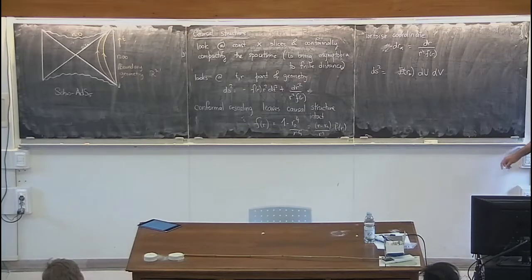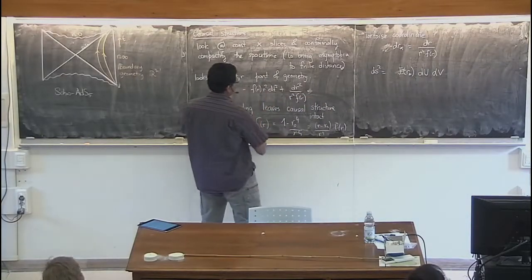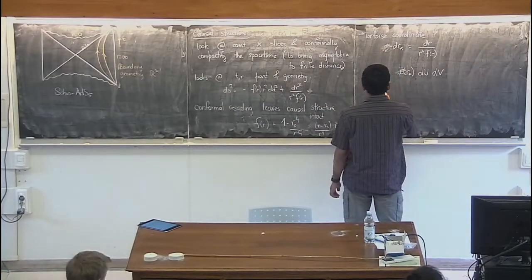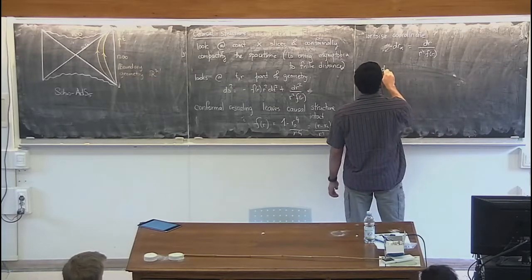in standard Kruskal form by pulling out factors of f(r) squared, and then if I write it this way, let me do two more steps and it will become clear.